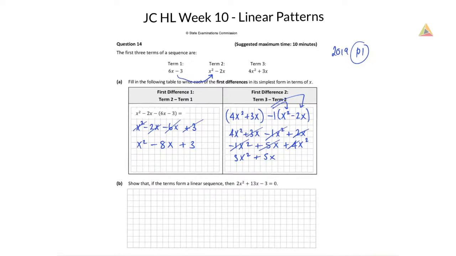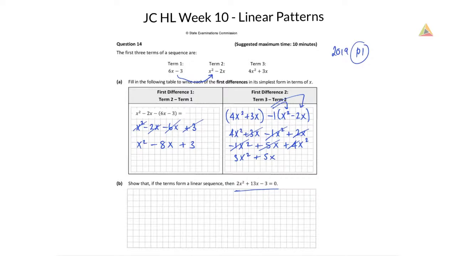Okay, so part B involves a little bit of thinking here. So it says, show that if the terms form a linear sequence, then 2x squared plus 13x minus 3 equals 0. So don't worry about this for the minute. We need to show that the difference between first difference 1 and difference 2 is the same.